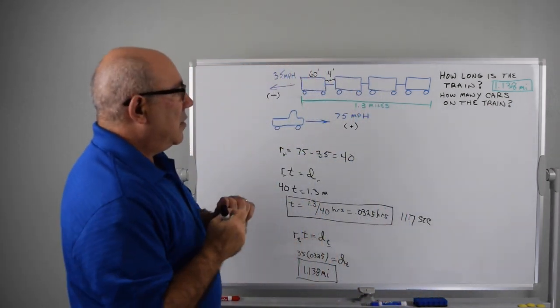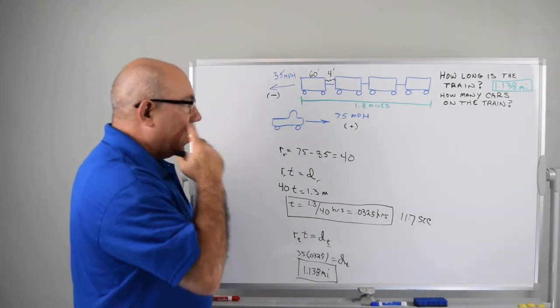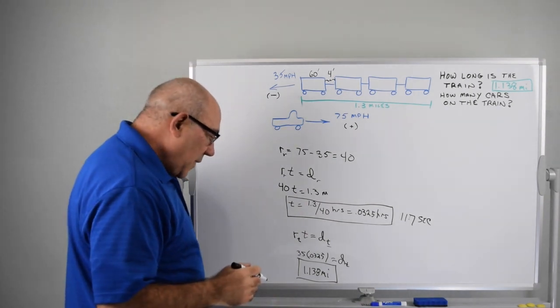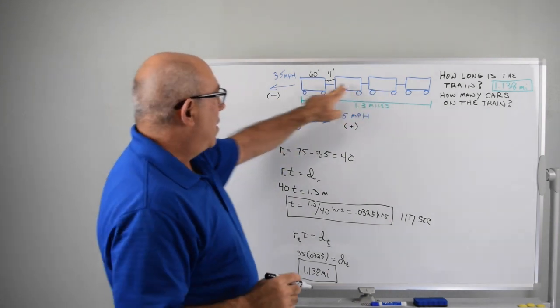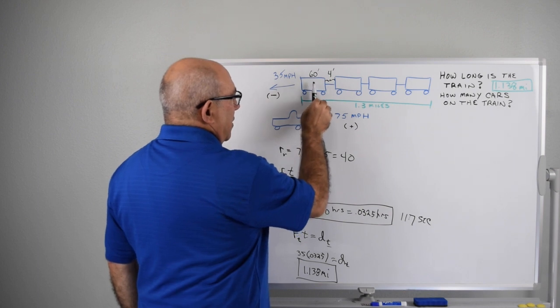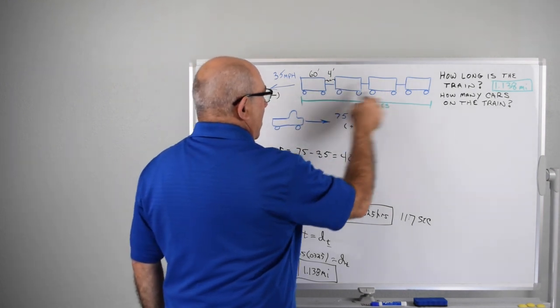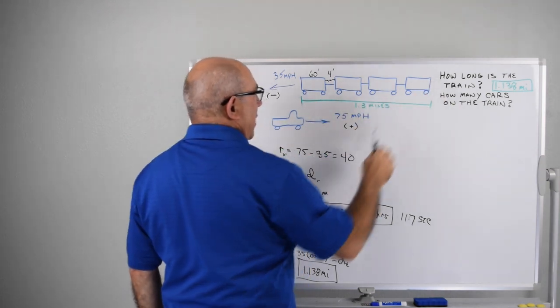So now what we have to do is figure out how many cars are on a 1.138 mile train, and come up with a formula for this. What we know is that for every car, we have a gap of 4 feet, and after the last car there is no gap.